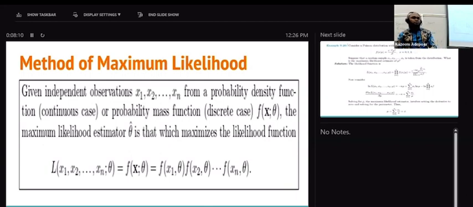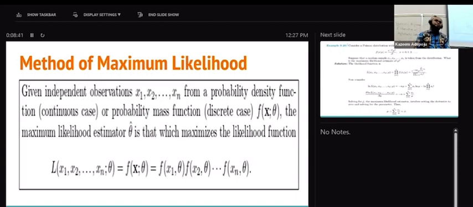Let me tell you this. We have a method of estimating parameters from a probability distribution. I remember before now, you've done probability distributions: normal, exponential, gamma, and so on. Do you know that before I can actually compute important statistics from data, I need to know the probability distribution of the data set?